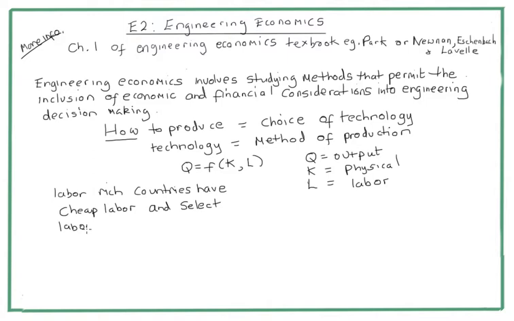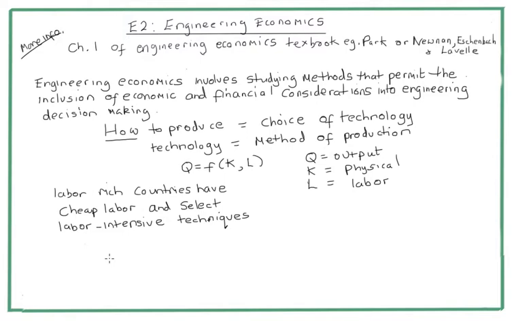And then, of course, the opposite is true of capital-rich countries, which have cheap capital, and so they tend to select capital-intensive techniques to do the same thing. So there's more than one way to make a road. I notice the engineering technology books tend not to mention that, and I think it's really important if you're not going to be practicing your engineering in the United States. So that's one thing. Engineers are involved with deciding how to produce, so selecting the technology.